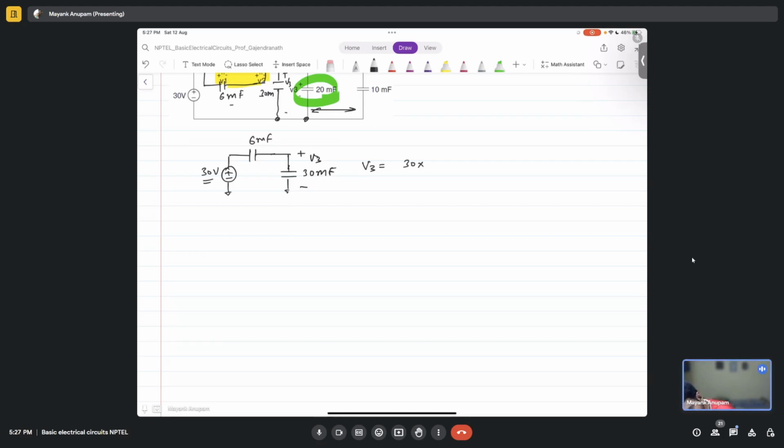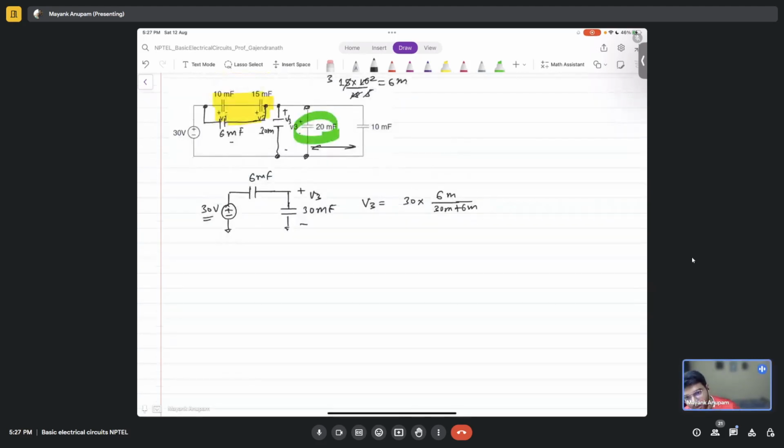No, it is actually the other way around. It is 6 milli divided by 30 milli plus 6 milli, right? It's actually slightly opposite to what a resistor has, isn't it? Sir, I don't remember that.